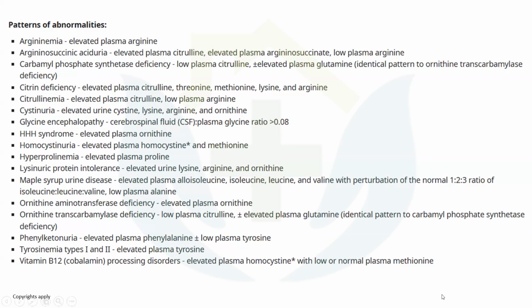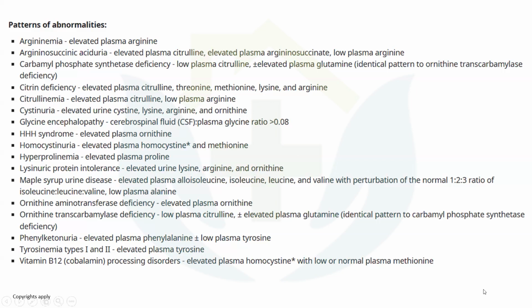So here we can see some cases of hyperammonemia, like in argininemia, the elevated plasma arginine will be there. As I said, the enzyme will be deficient, so the immediate precursor is high. So you need to know some of these urea cycle disorders, which metabolite will be high depending on which enzyme is deficient.